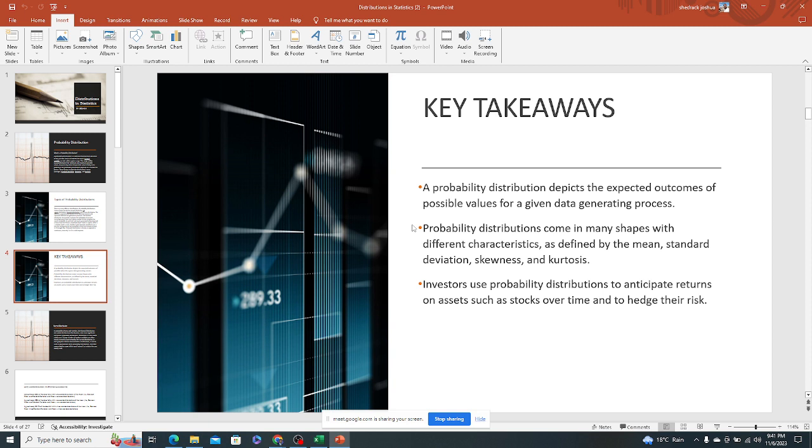And also the impact of changes in these factors: the mean, standard deviation, skewness, and kurtosis. Investors majorly use probability distributions to anticipate returns on assets, such as stocks, over a period of time. So they are able to model different asset returns.